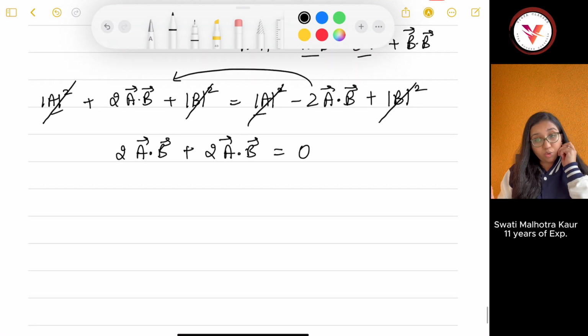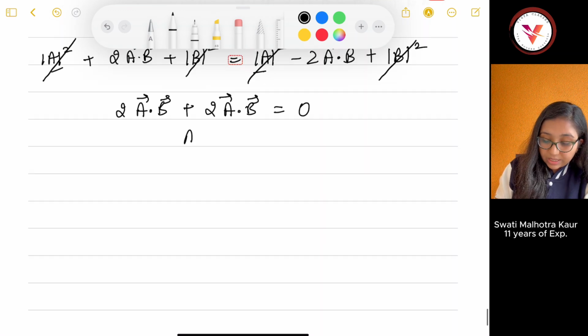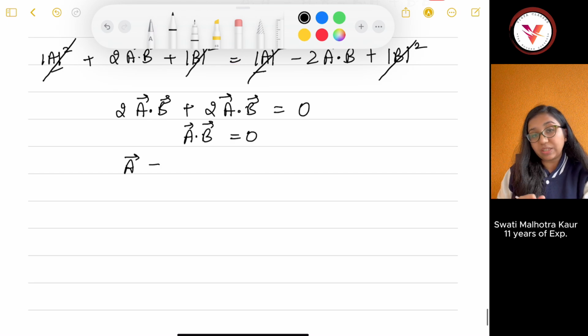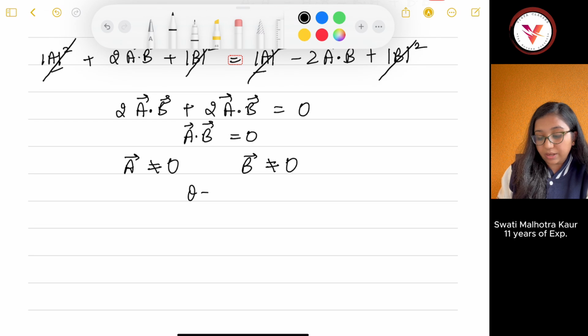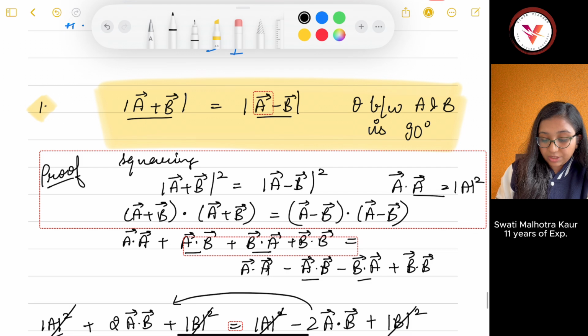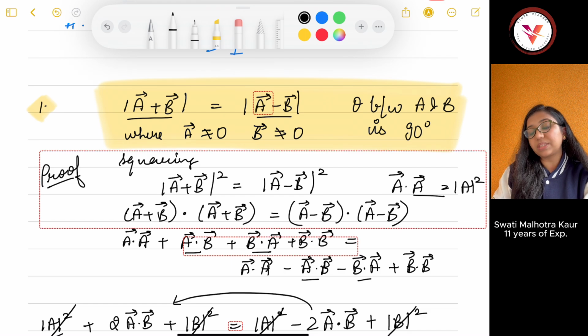Take both together, it becomes 4 A dot B, or you can simply say A dot B equals 0. Now if A vector is not equal to 0, meaning you have some A vector, you have some B vector, then definitely theta should be 90 degrees. Okay, so if this is the condition, where A vector is non-zero, it's not a zero vector, and B vector is also not a zero vector, then the angle between them is definitely 90 degrees.